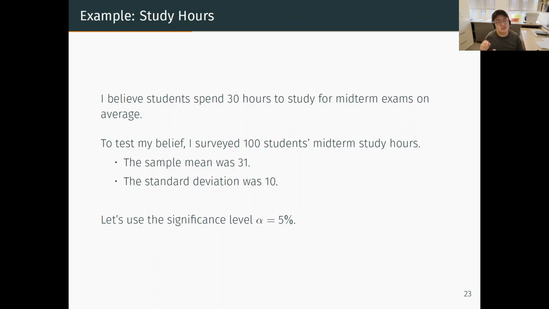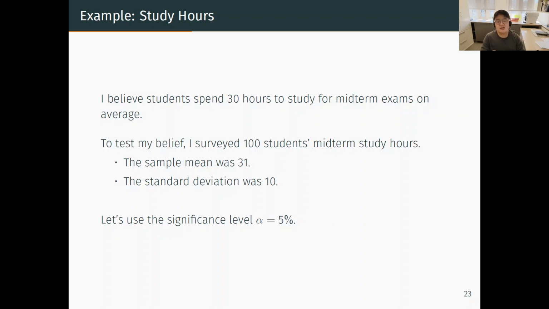So the 1 hour difference could be just interpreted as a random error. Or if I reject my belief, that means I believe that 31 from the data is a huge difference from my belief of 30 hours. 1 hour difference is not ignorable. It cannot be a random error. It's too big a difference. So I cannot interpret this as a pure random error. Something is not going well. If I take this approach, then I have to reject my hypothesis.